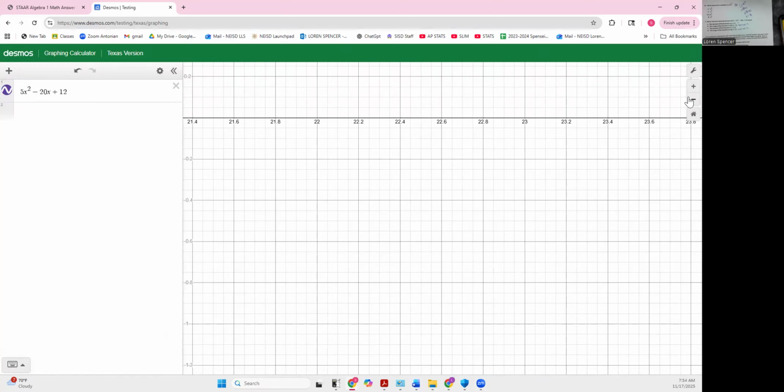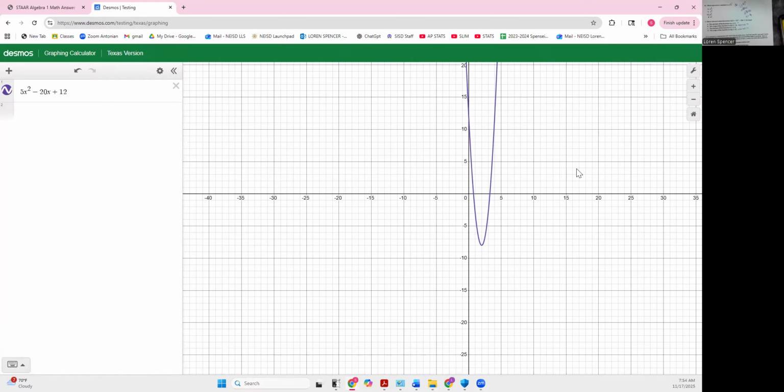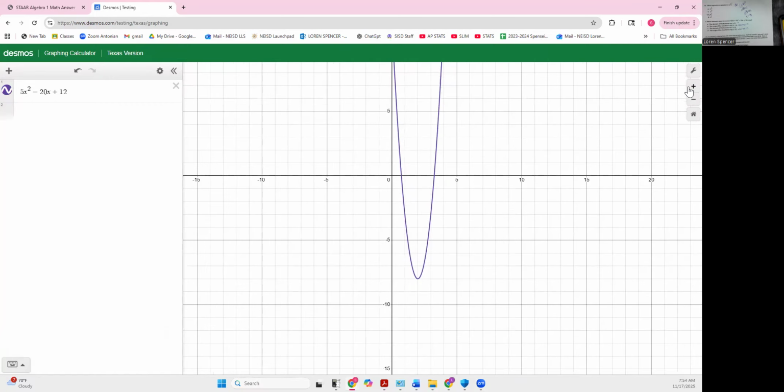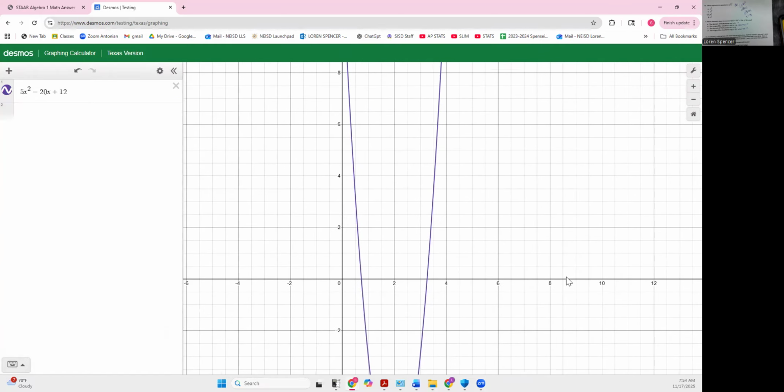And I don't see my graph, which means I need to zoom out. Keep zooming out. Oh, there it is. I'm going to slide this over and we're going to take a look at it. You know what? It gets wider and wider and wider.